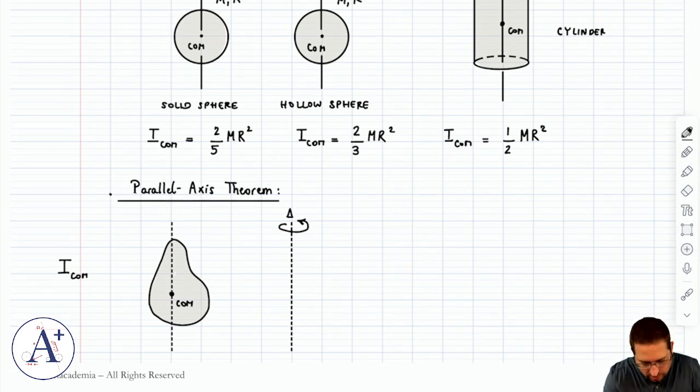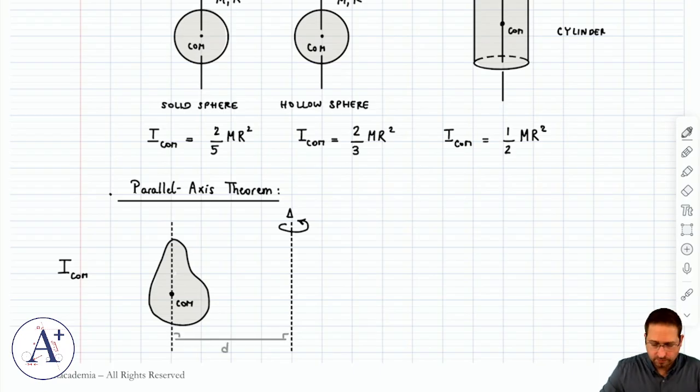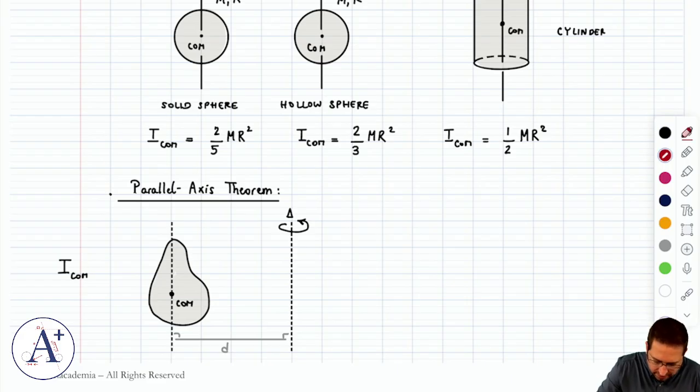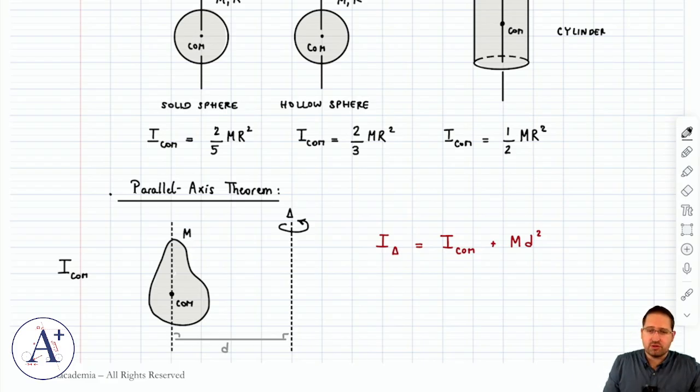But if delta is parallel to the axis here on the left, which is a requirement, hence the name Parallel-Axis Theorem, and there's a distance d between these two, then the Parallel-Axis Theorem tells me that I with respect to delta is going to be I center of mass plus big M d squared, where, just to be clear, big M is the mass of Mr. Potato Head.